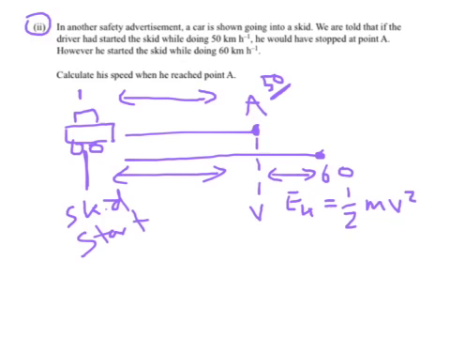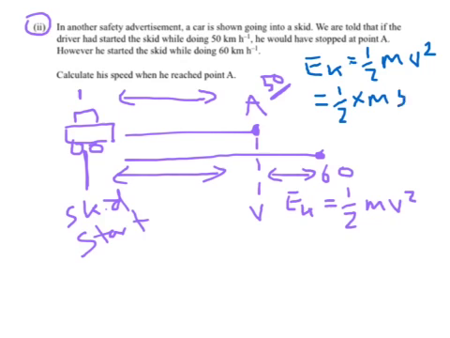First of all, we would like the kinetic energy for 50 kilometers per hour equals half mv squared, which is half times m, we'll leave m in there because we don't know what the mass is, times 50 squared, which is half m times 2,500.